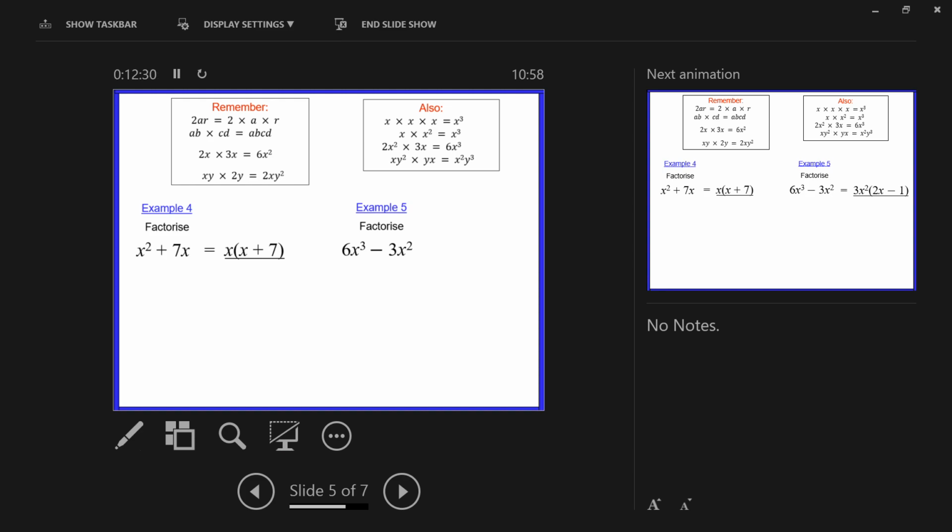But what about the variables? I've got x to the power 3 and I've got x to the power 2. What can I take out? What's a common factor? What's the same for both of those? x to the power of 2.